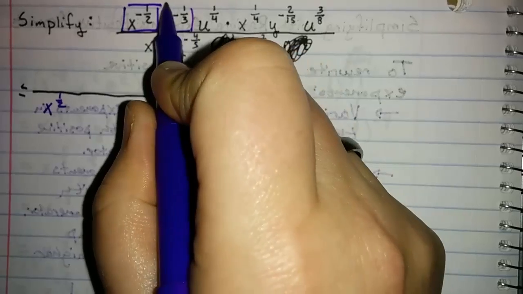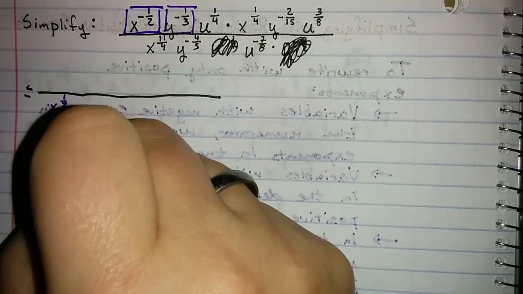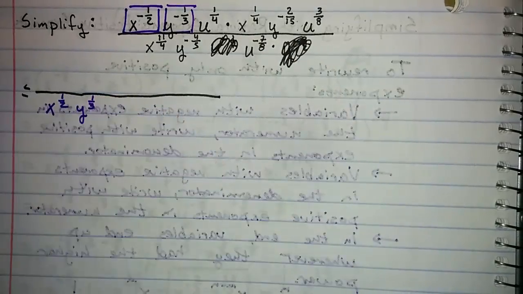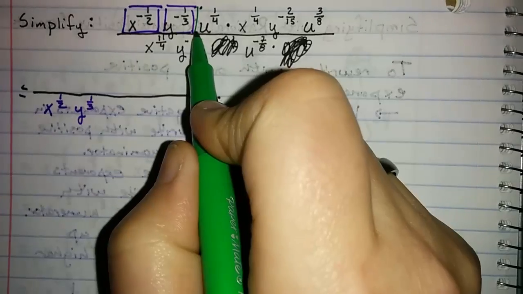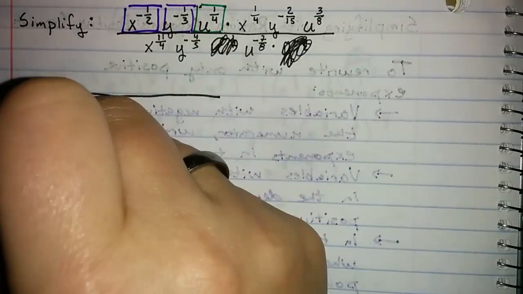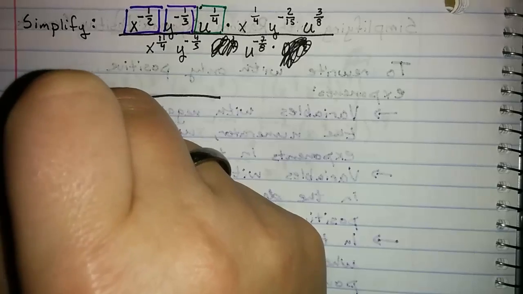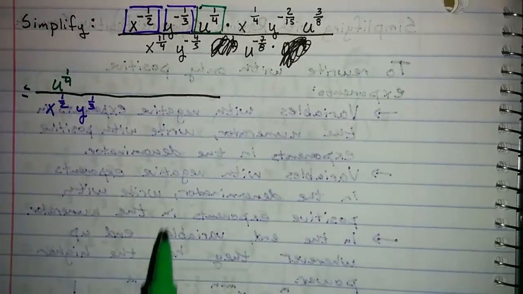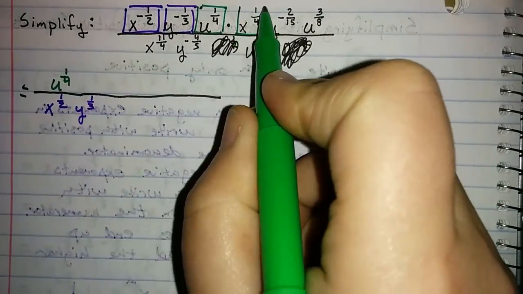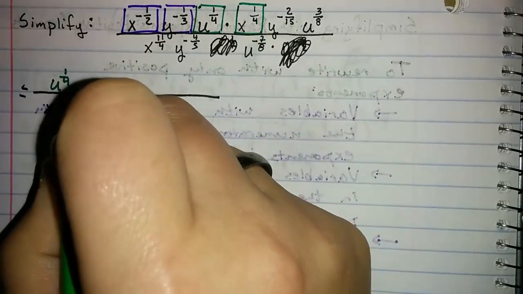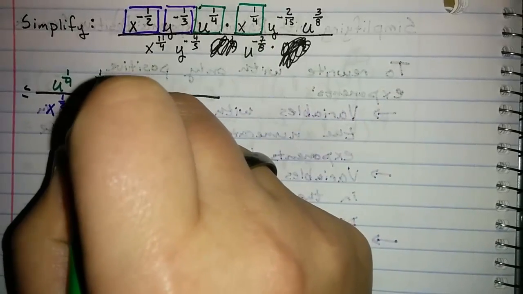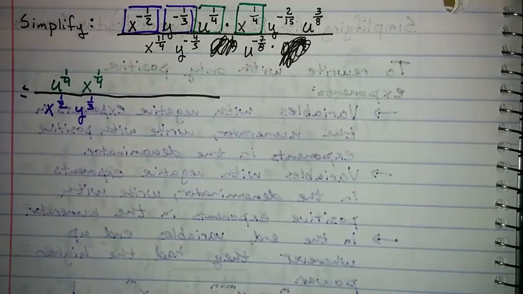Y to the negative 1/3 becomes y to the 1/3 in the denominator. U to the positive 1/4 stays u to the positive 1/4 in the numerator. X to the positive 1/4 stays x to the positive 1/4 in the numerator.